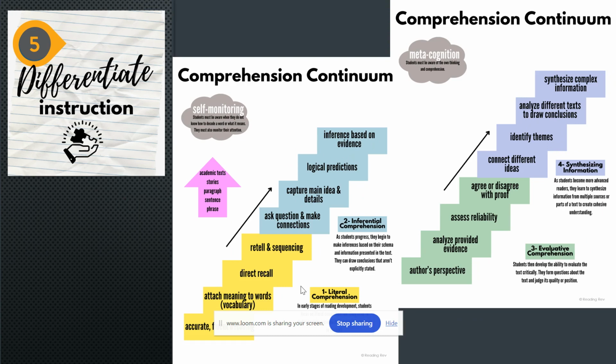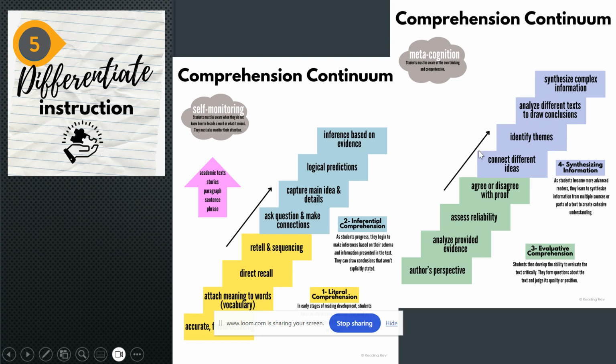So I always compare my standards and place my standards within this comprehension continuum. I'm going to just look at the comprehension standards that I had chosen for this particular example. The comprehension standards that I had chosen were character analysis, questioning, and theme, right?